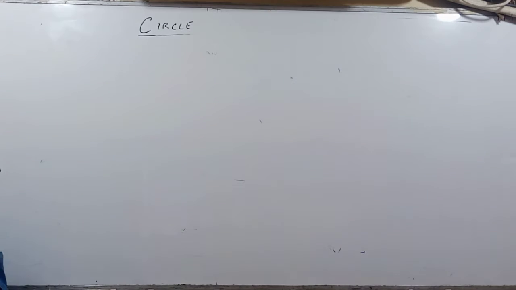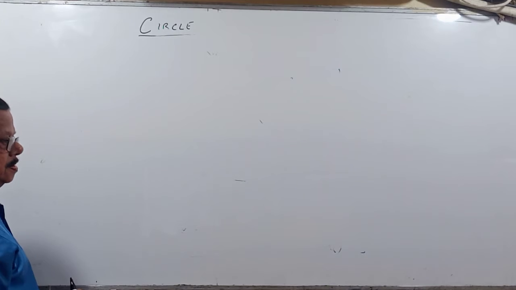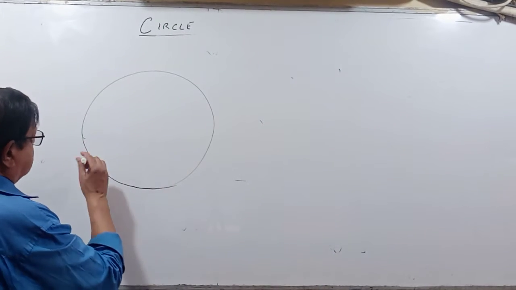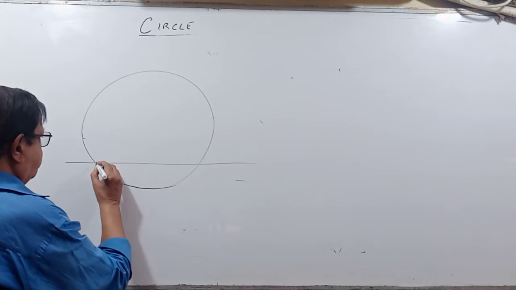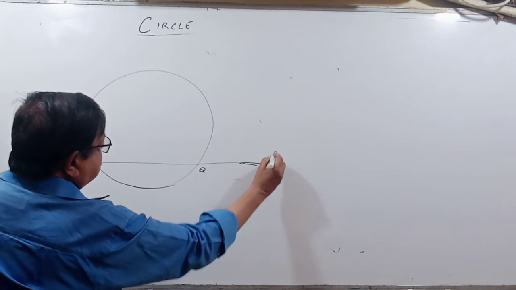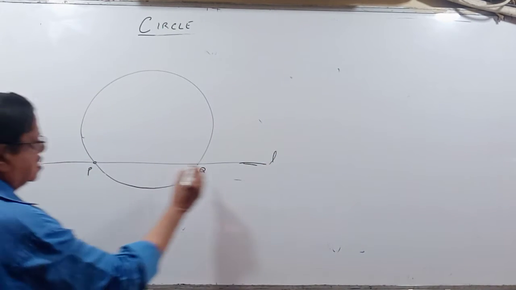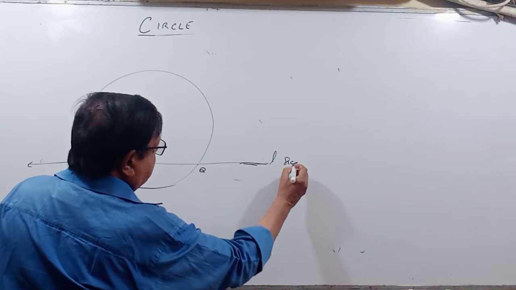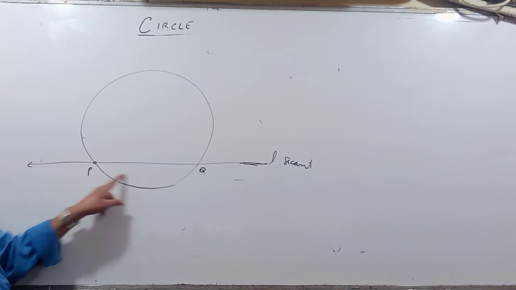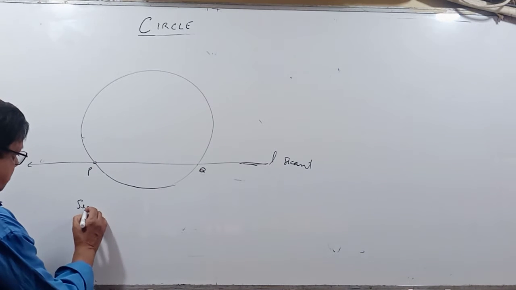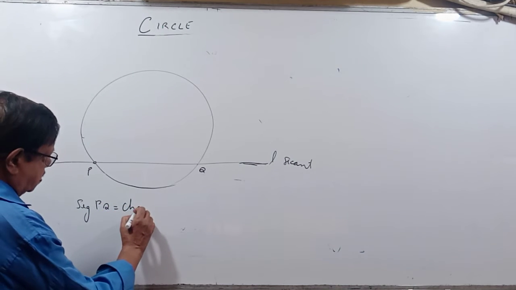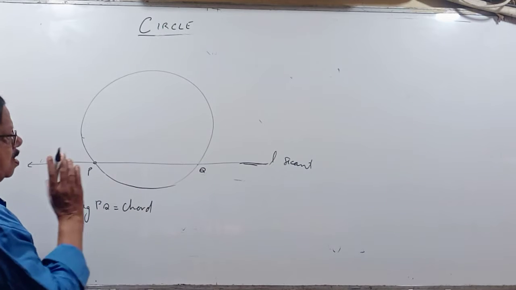So let us go for a theorem. I told you when the line touches at 2 points, let us say P and Q, this line is called a secant. Now, segment PQ is called a chord.